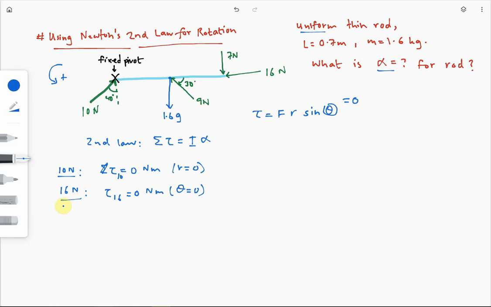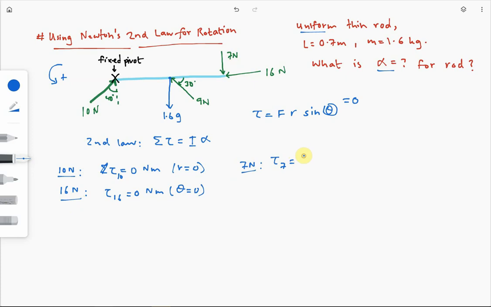Alright, but all other forces actually produce torque. Let's see how. The 7 Newton force is a perpendicular force, therefore it will produce the maximum amount of torque. And about the fixed pivot X, what is the torque due to the 7 Newton force?